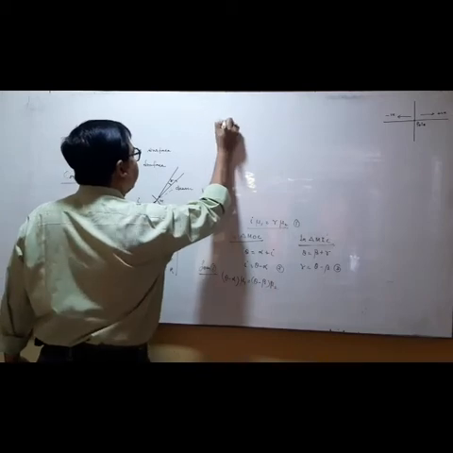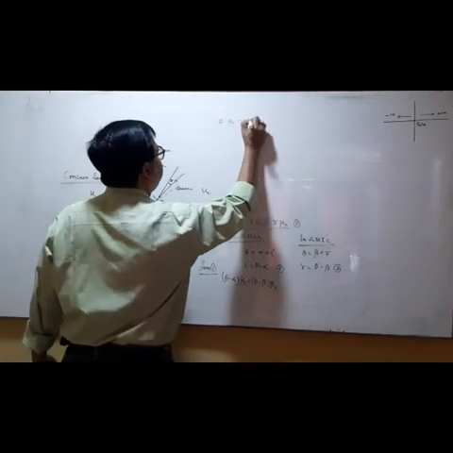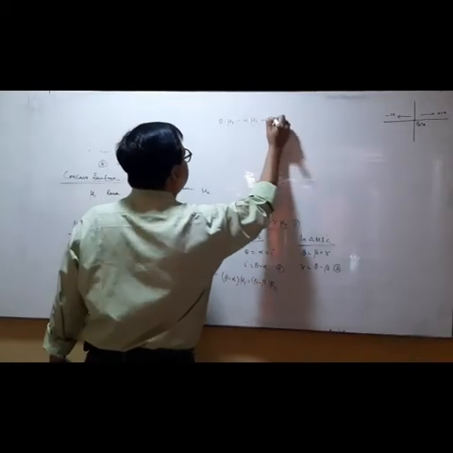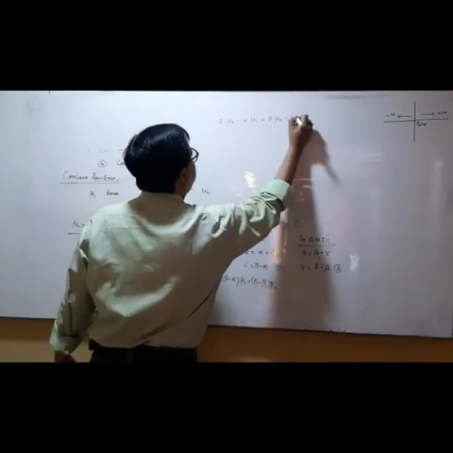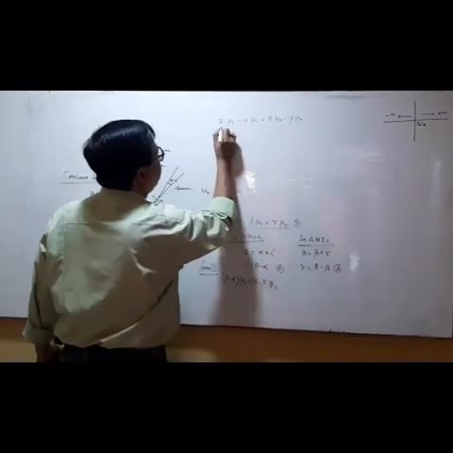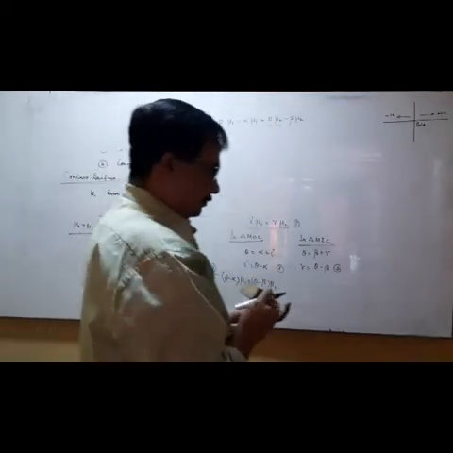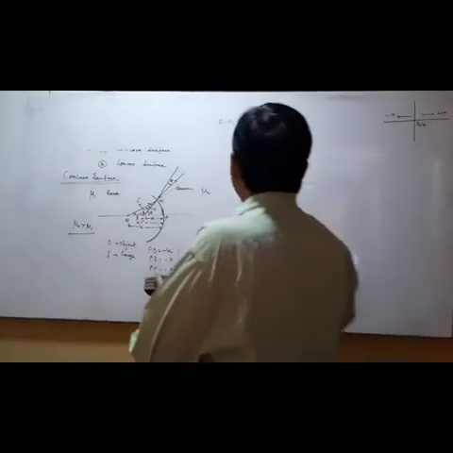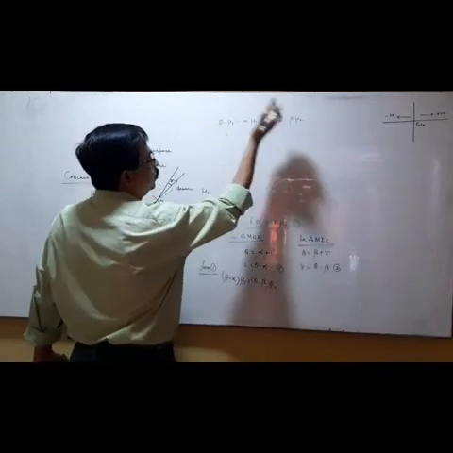So theta mu 1 minus alpha mu 1 is equal to theta mu 2 minus beta mu 2. Now we have theta here and here, so this should go that side and this should go this side.